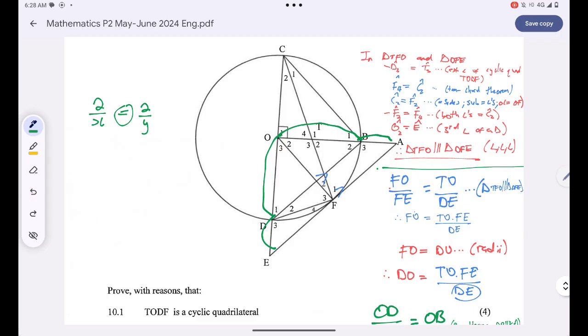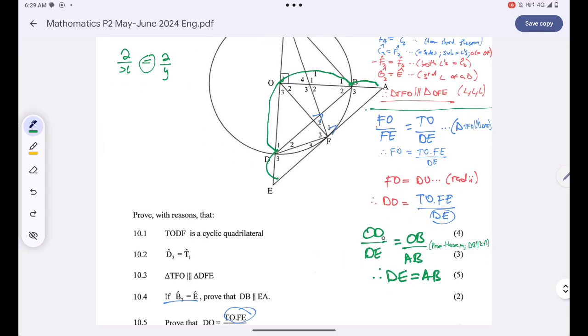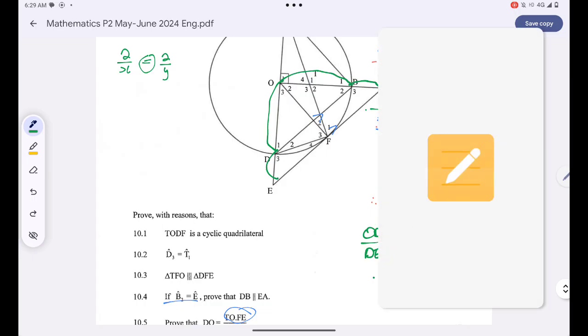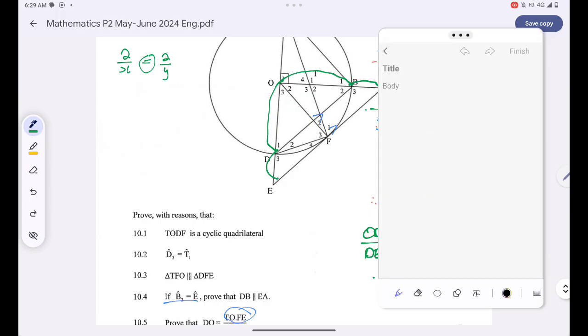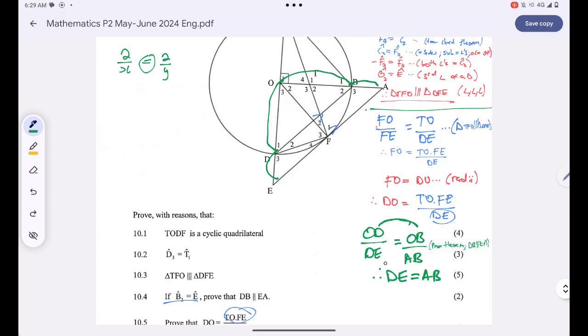If the numerators are equal, it simply means that the denominators should also be equal. Over here, I have radius divided by DE is equal to the radius divided by AB. If my numerators are both equal, it simply means that my denominators should also be equal. So I now know that DE is equal to AB.